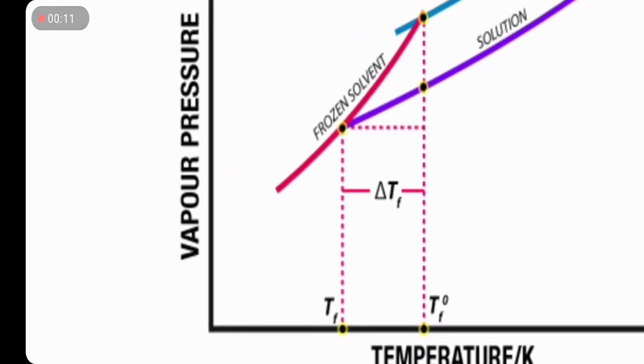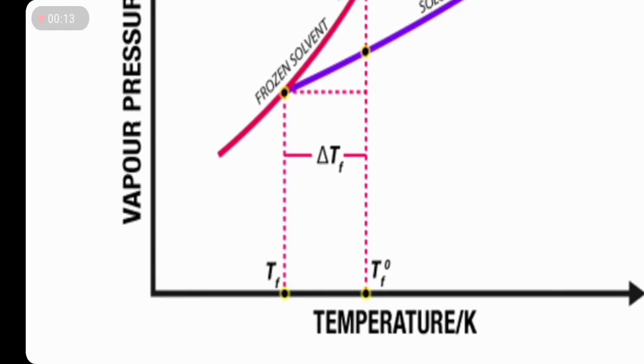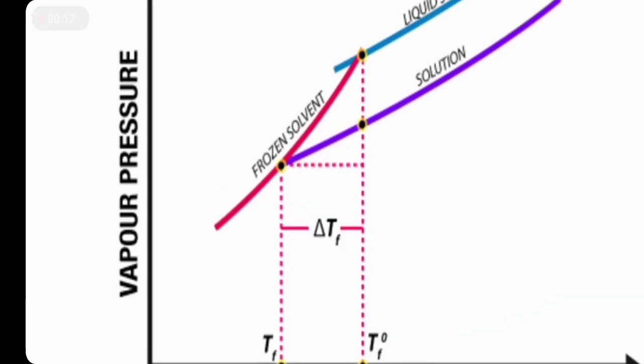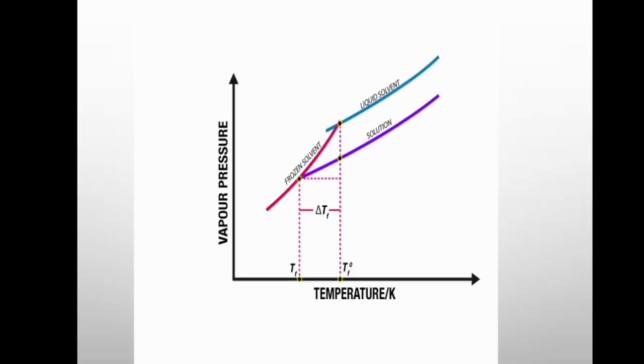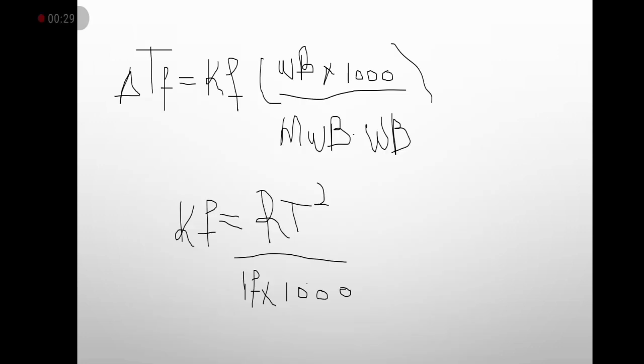So it means vapor pressure has gone down, and we will need to go to a lower temperature than before adding the non-volatile solute. As we mentioned earlier, this colligative property can be used to determine the molecular weight of the unknown solute. And here Kf is equal to RT square by LF into 1000. Here LF is the latent heat of fusion.